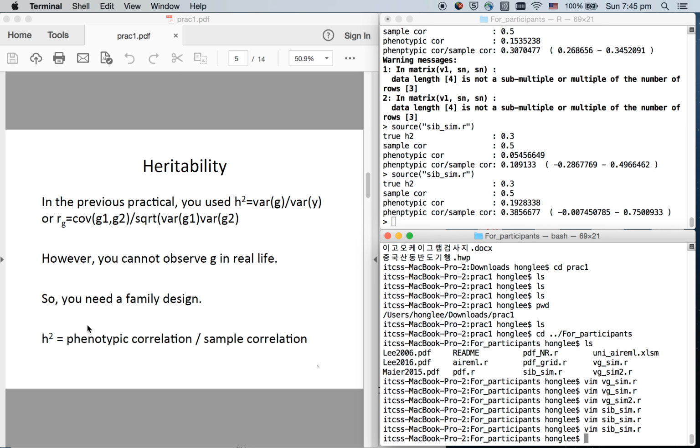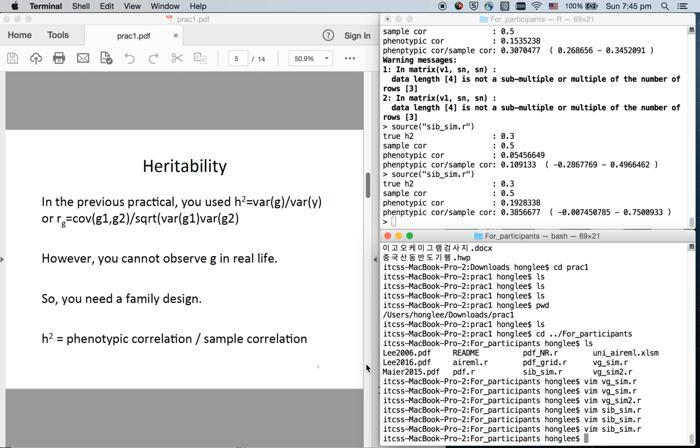From the design, you know the sample correlation, and you can observe phenotypes. Therefore, you can estimate phenotypic correlation. So from the design, you can estimate heritability from this equation.